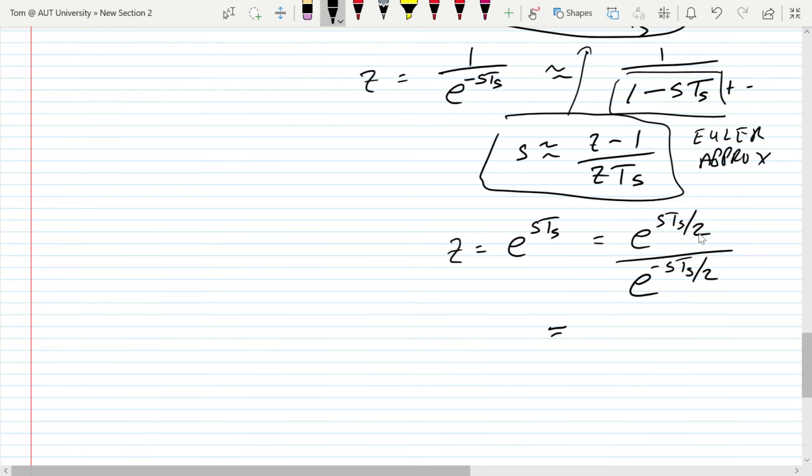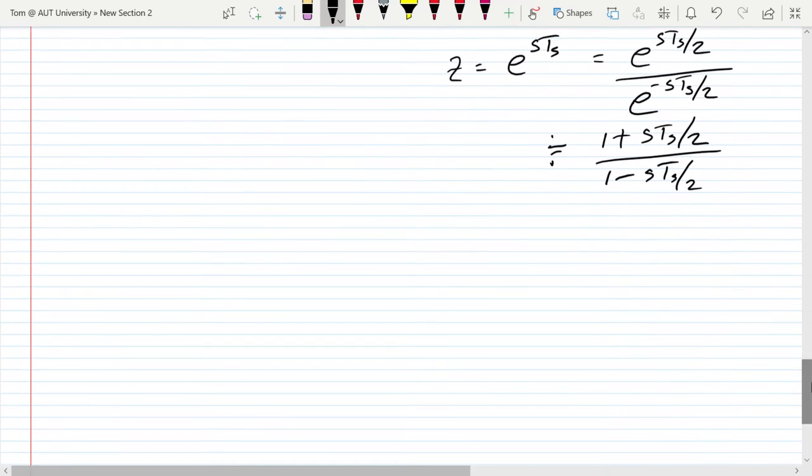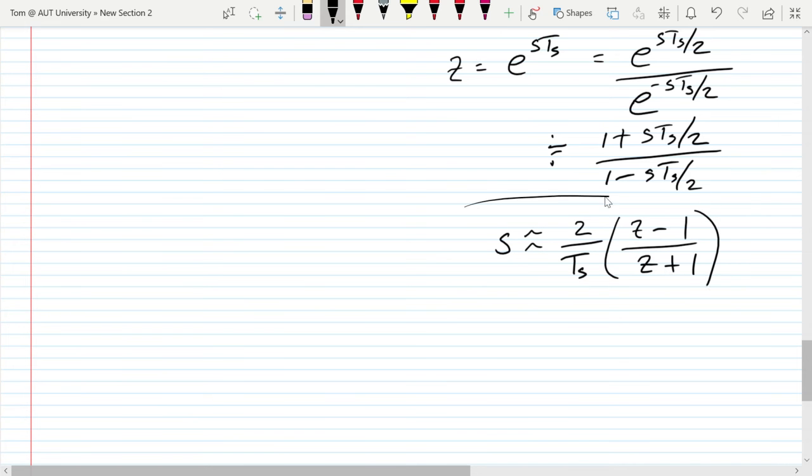And if I expand the numerator and denominator now, I can say that's approximately equal to (1 plus STS over 2) over (1 minus STS over 2). And now if I rearrange that, I get that S is approximately equal to 2 over the sampling interval, times (Z minus 1) over (Z plus 1). And that's the one I use all the time.